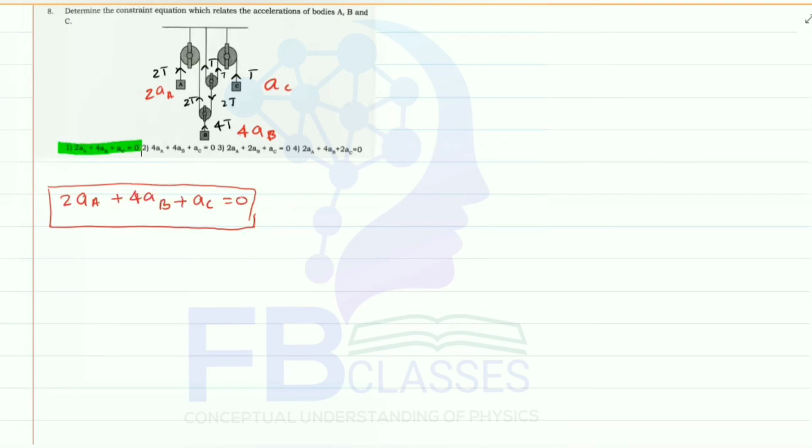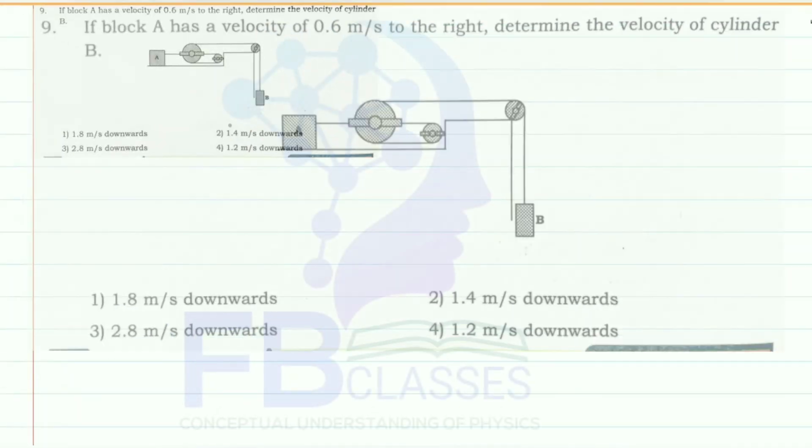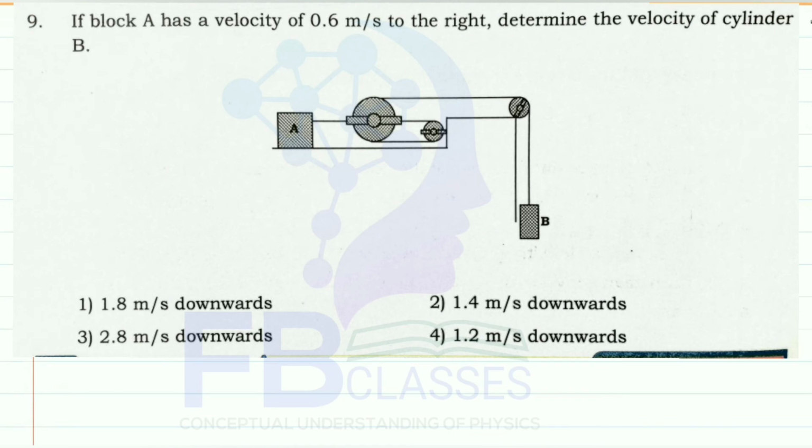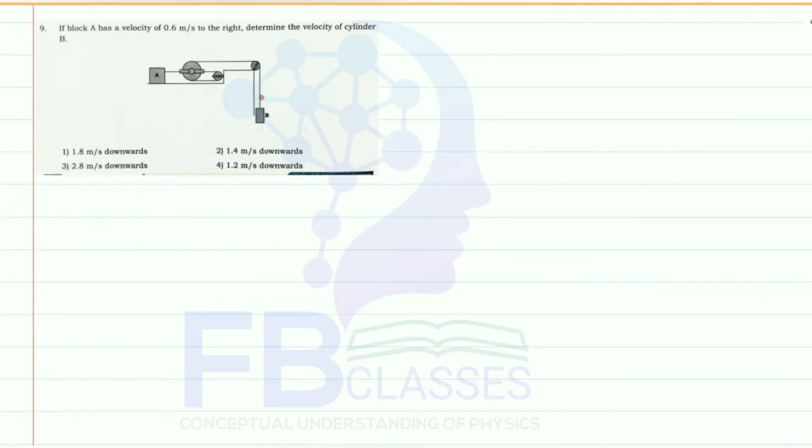Hope you understand. My dear students, I am going to read the question. If block A has a velocity of 0.6 meter per second to the right, determine the velocity of the cylinder B which is hanging vertically downwards. Okay, now I am going to draw the tensions.